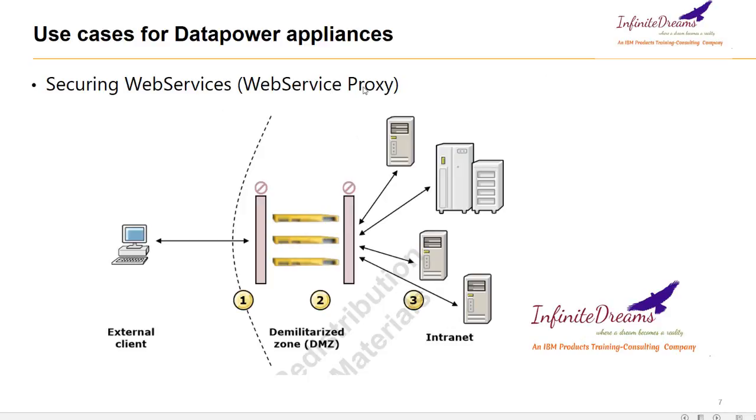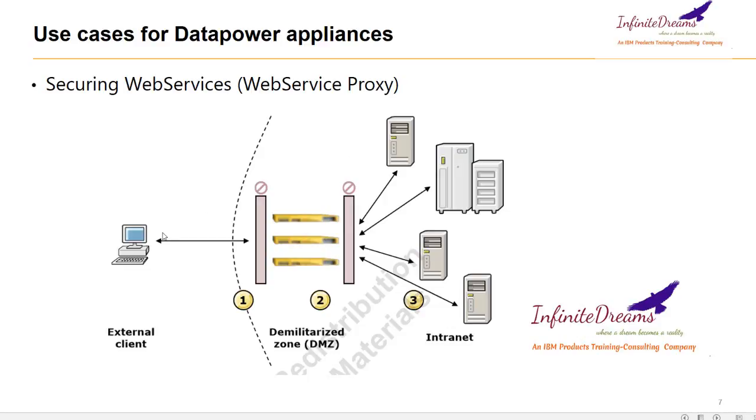What is a web service proxy? We can understand it with this diagram. Suppose this is a client sending a request, and this is a server, and they are using web service as a protocol to communicate with each other. We already know that if a client and server use web service as a protocol, then the server needs to give some information in the form of a WSDL file to the client.